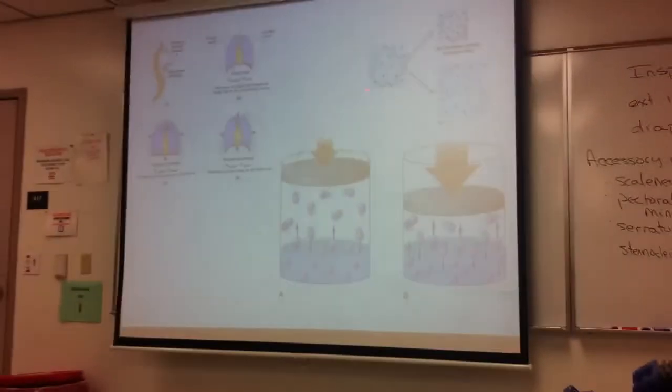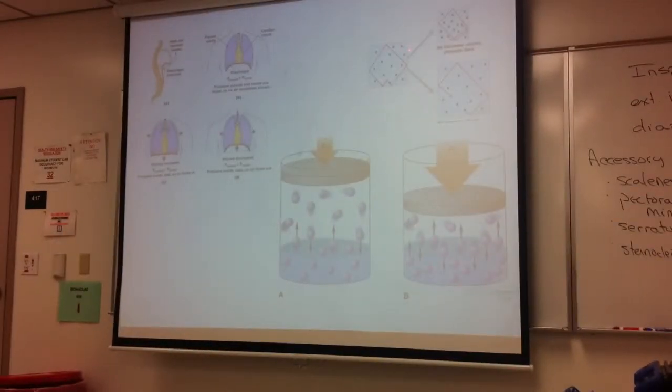If this is our volume at rest, then when we inspire, we increase the anterior-posterior and superior diameter, same number of gas particles, so they exert a lower force on the overall walls, and pressure decreases.